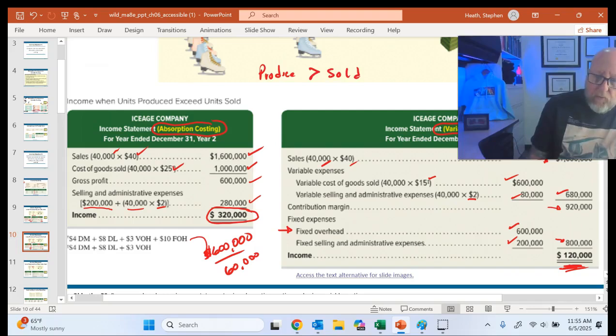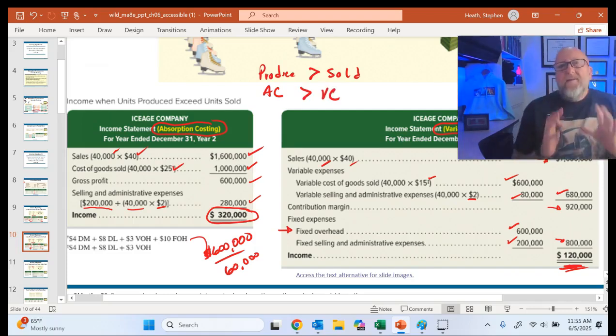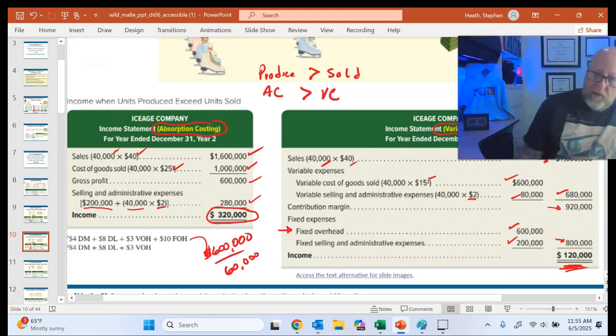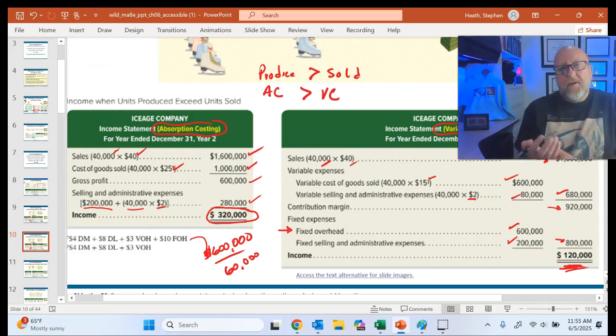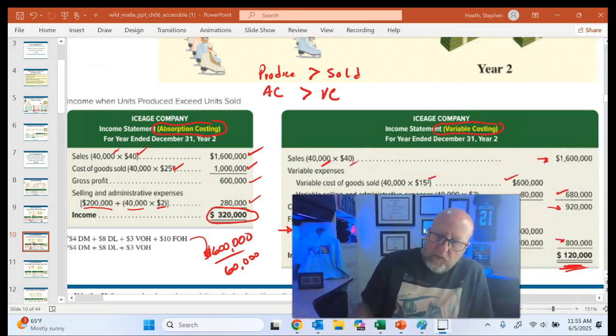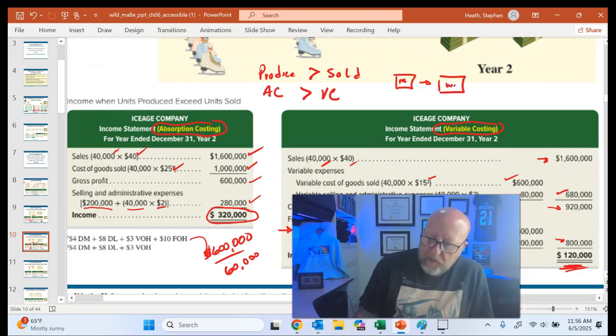Okay, so when we produce more than what we sold, my absorption costing is going to exceed my variable costing. And that is because some portion of the fixed manufacturing expenses are included in product costs and are included in finished goods. Because remember, we produced 60,000 units and they moved their way through production, material to work in process to finished goods, right?